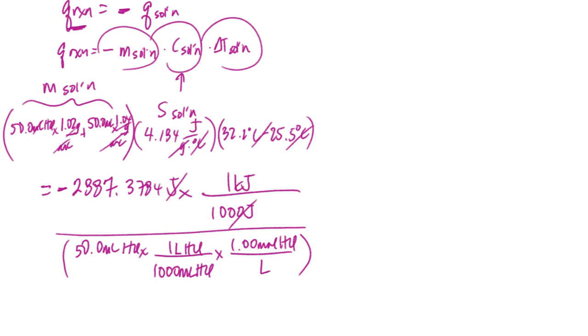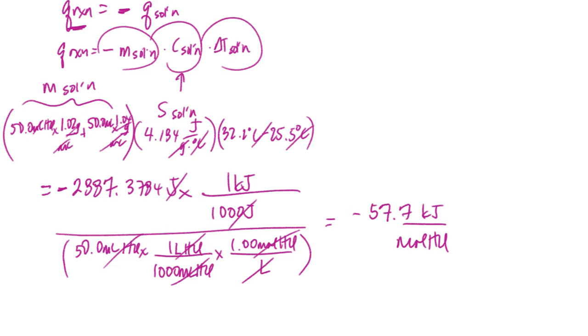So if I go ahead and cancel my units and do that math, I actually end up with negative 57.7 kilojoules per mole of the hydrochloric acid.